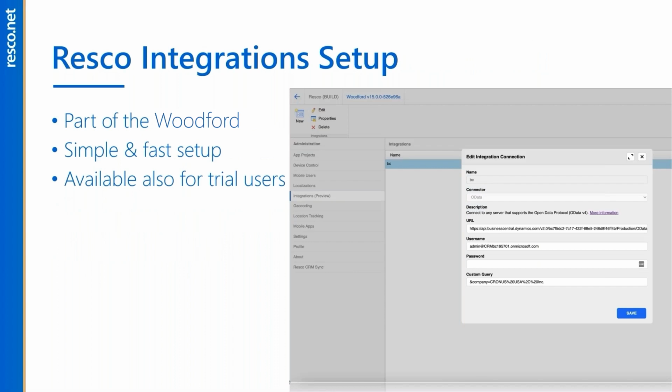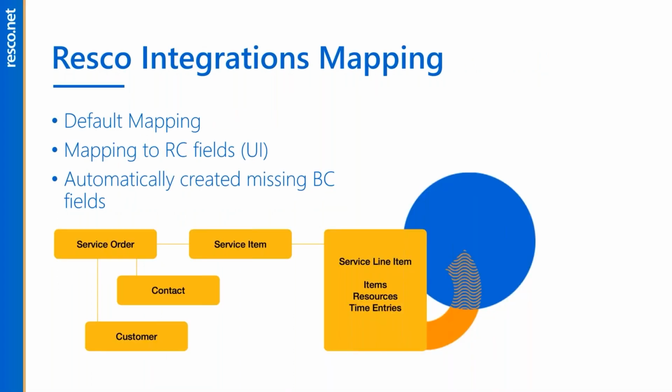Basically, you need to name your integration, paste the URL from your Business Central, and enter the credentials, so username and password. And the last thing is the custom query, which is basically the company parameter of the URL. In this case, it's the Kronos company. So that's the thing.